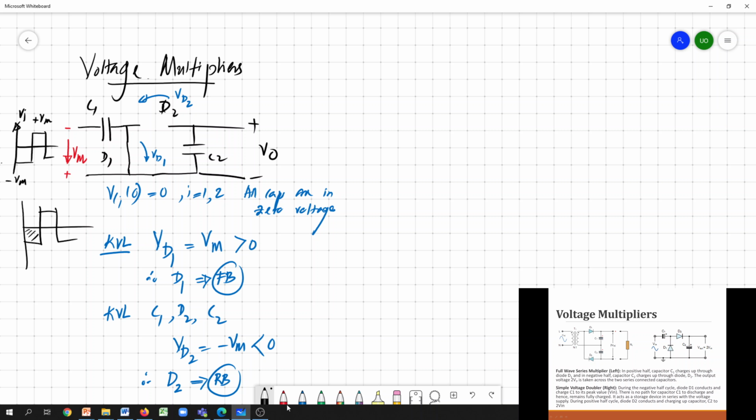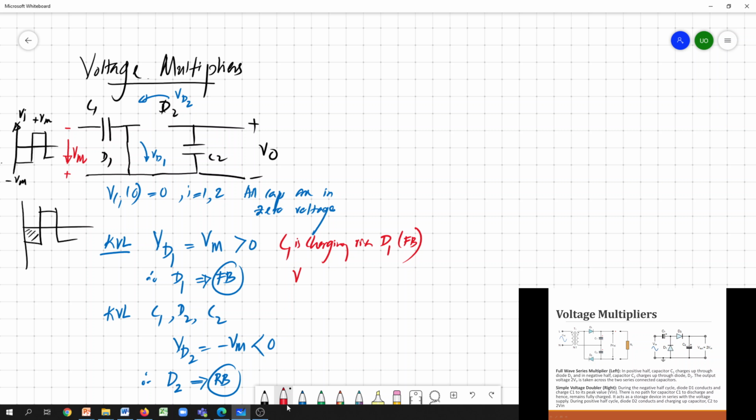So during this first negative cycle, diode 1 is forward biased and diode 2 is reverse biased, and the output is isolated from the input because diode 2 is reversed. So capacitor 1 is charging via D1, which is in the forward bias region.